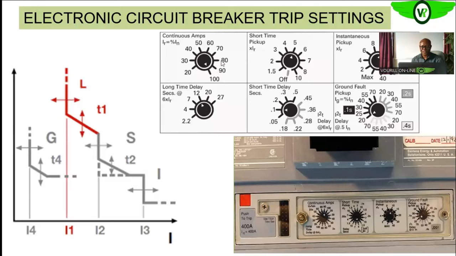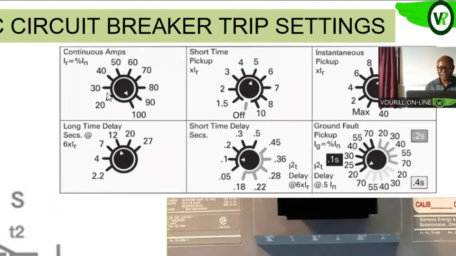We are going to look first at the continuous amp rating or continuous amp setting, okay? As you can see on the screen, the continuous amp setting is a percentage of the nominal current rating of the circuit breaker.